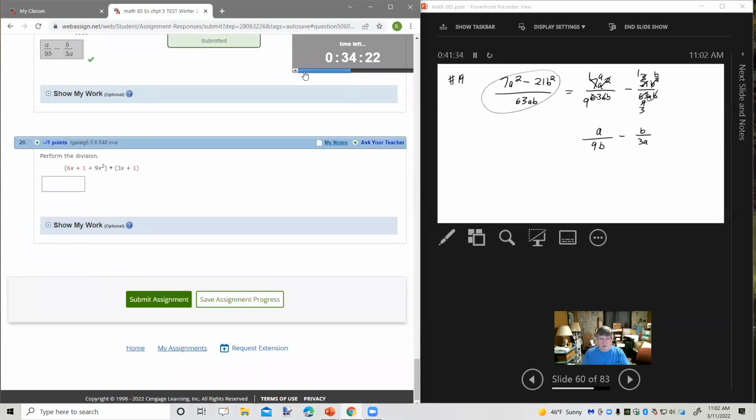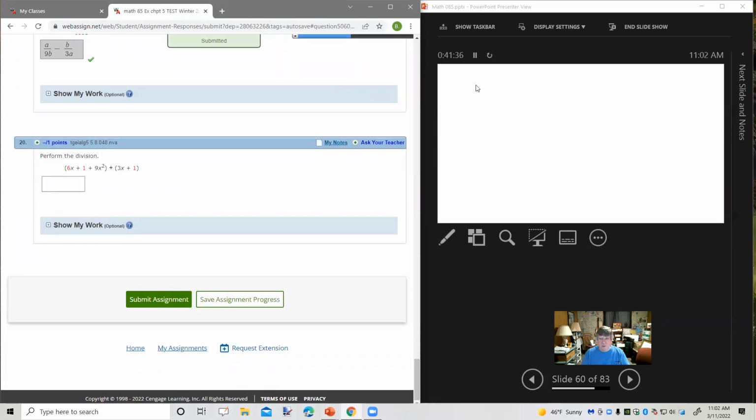And finally, number 20. A polynomial divided by a polynomial. Okay. Well, let's see. The divisor, that which goes outside, is going to be 3x plus 1.